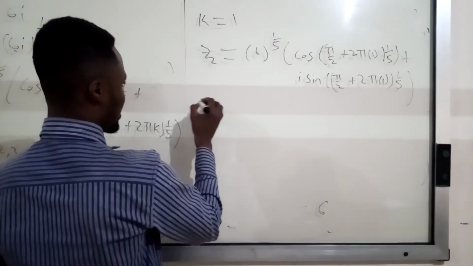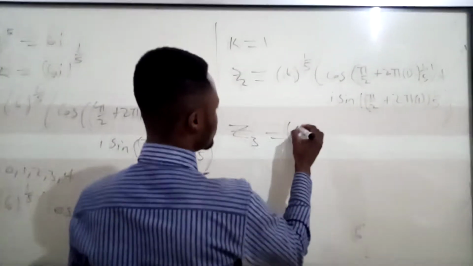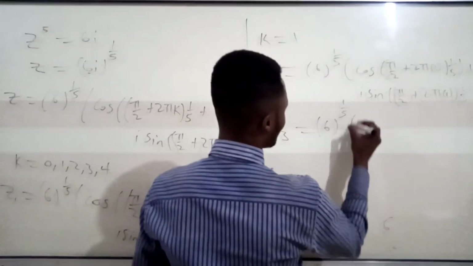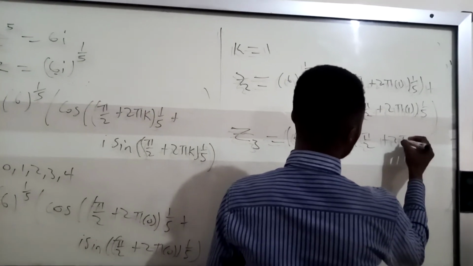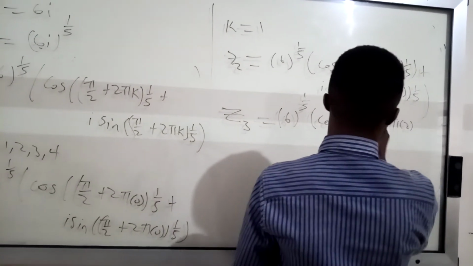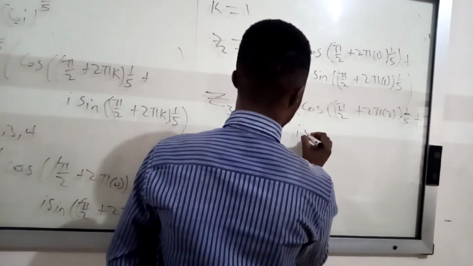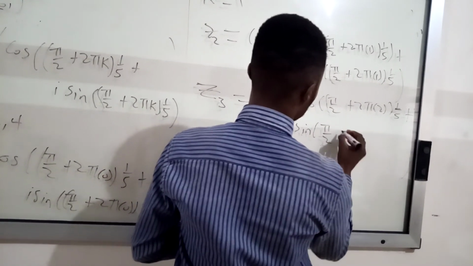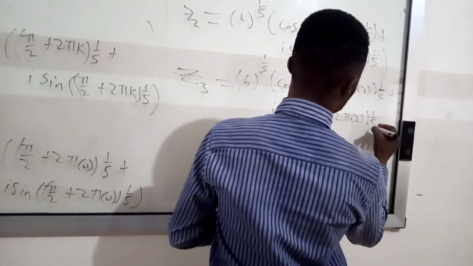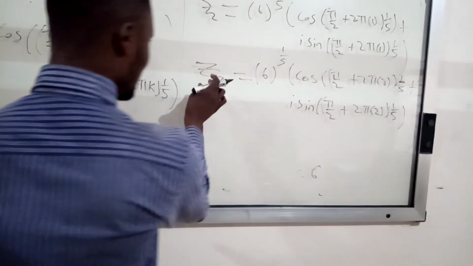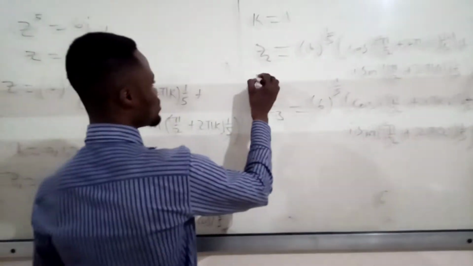Then you go to the third one, Z3, which is equal to 6 raised to the power 1 over 5, cos of pi on 2 plus 2 pi times 2, times 1 over 5, plus i sin of pi on 2 plus 2 pi times 2, times 1 on 5. This one is when k is equal to 2.